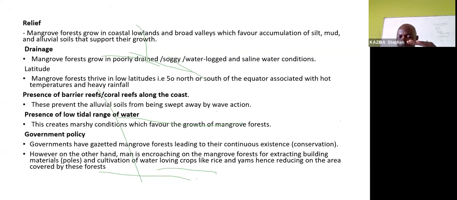We have a positive change, which is also referred to as a rise, which is also referred to as submergence.